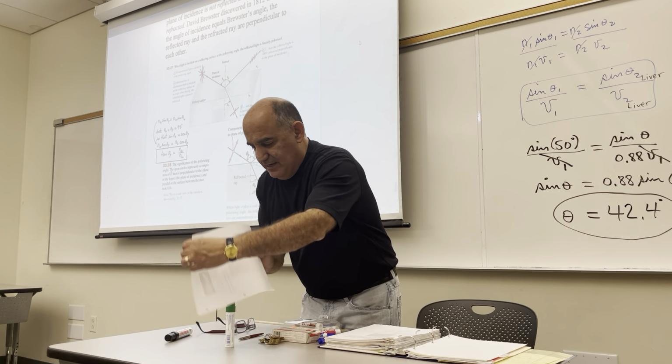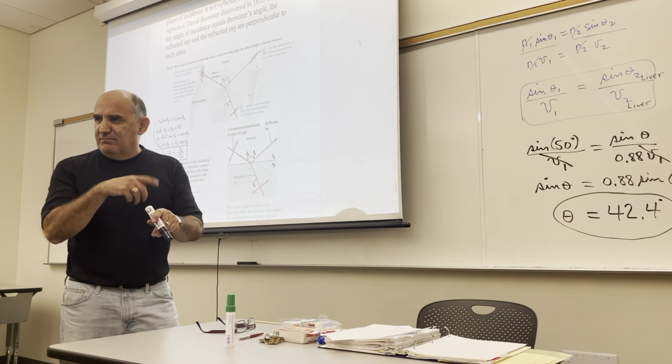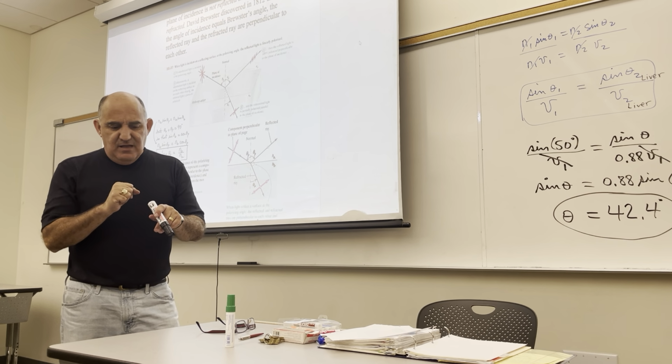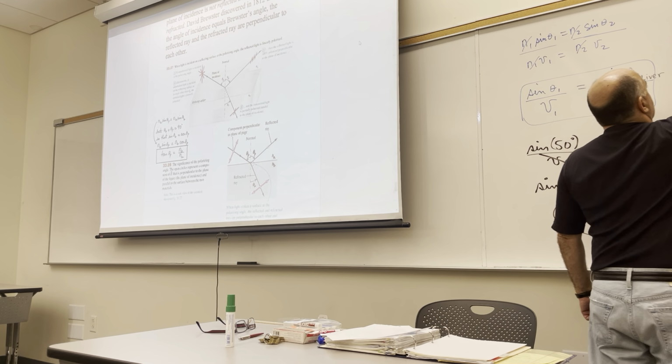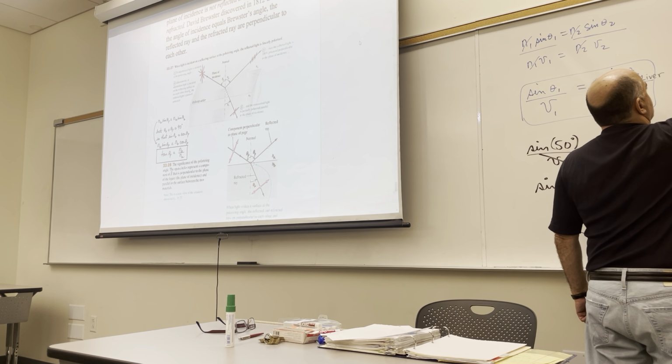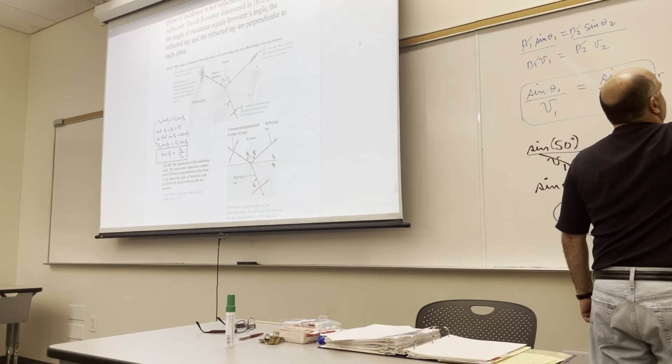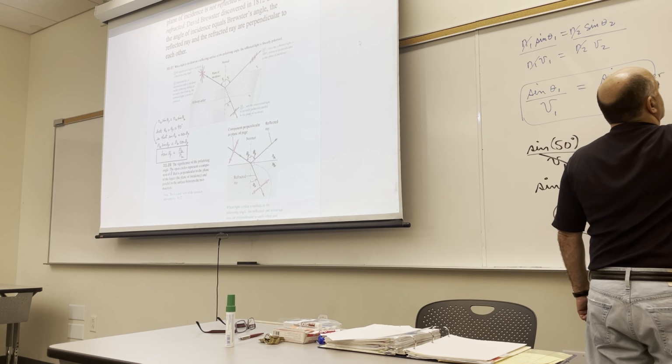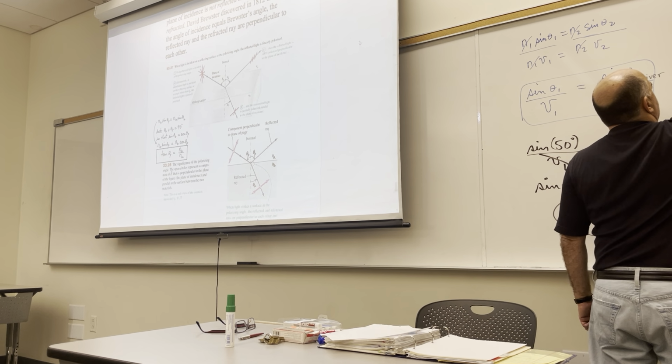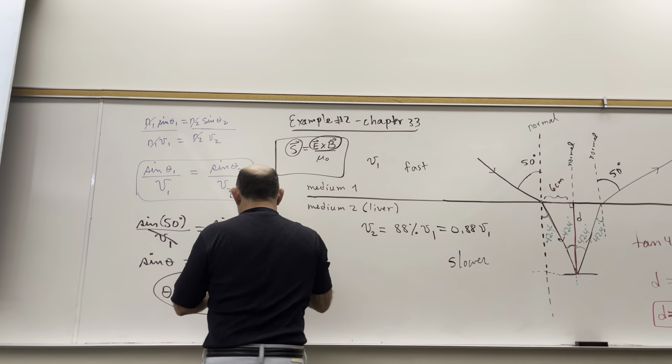Now, if the wave travels like this, the wave consists of electric and magnetic fields that are oscillating, right? Both the electric and the magnetic fields oscillate in directions that are perpendicular to the direction that the wave travels. This is just from the Poynting vector, right? The Poynting vector says that the direction in which the wave travels is in the direction of the cross product of the electric and magnetic fields.